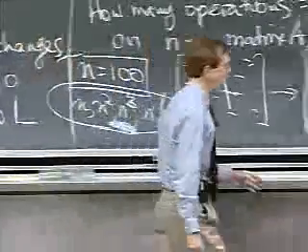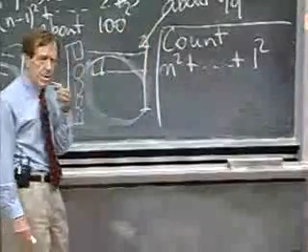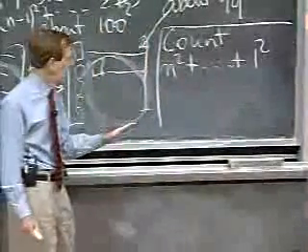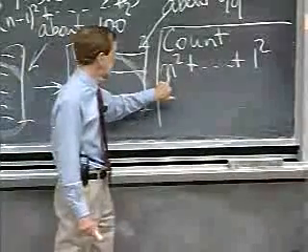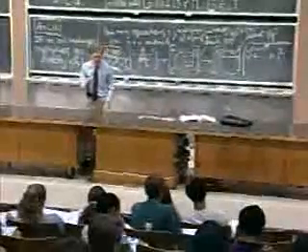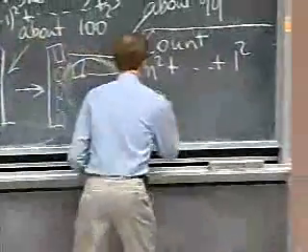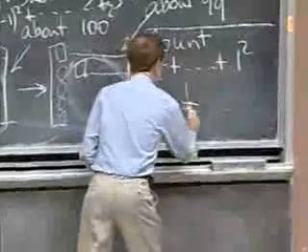It's like I have n terms in this sum, and the biggest one is n squared. So the worst it could be would be n cubed, but it's not as bad as n cubed. It's about 1/3 of n cubed.